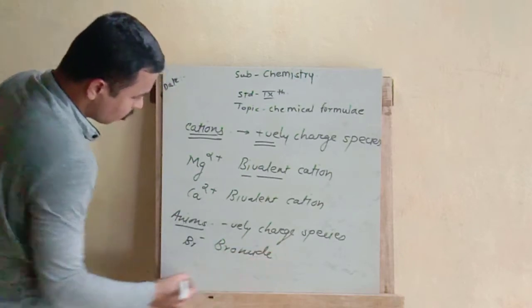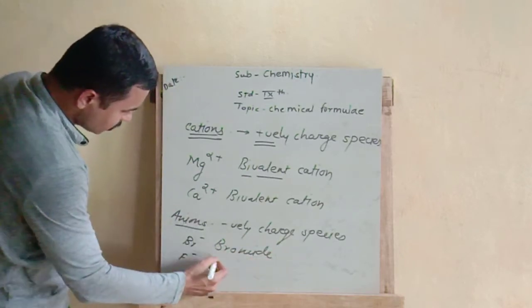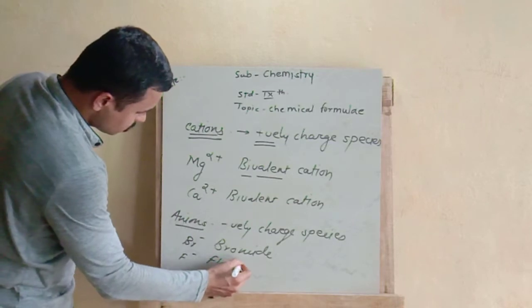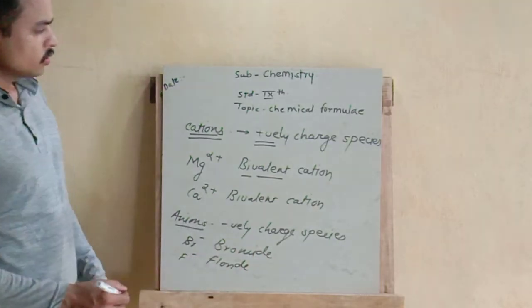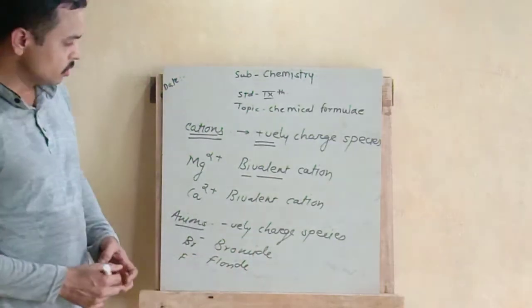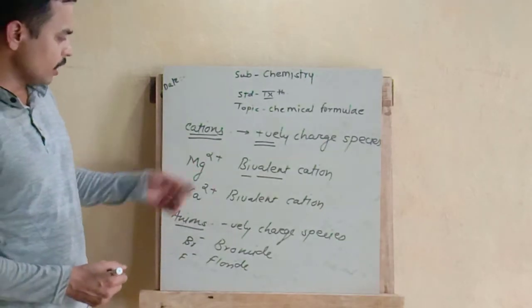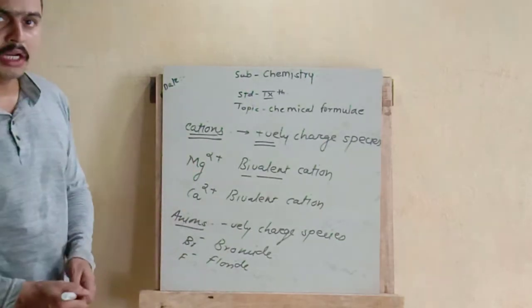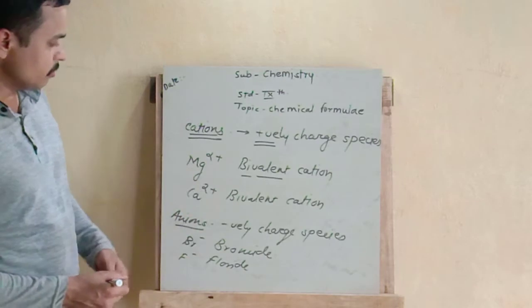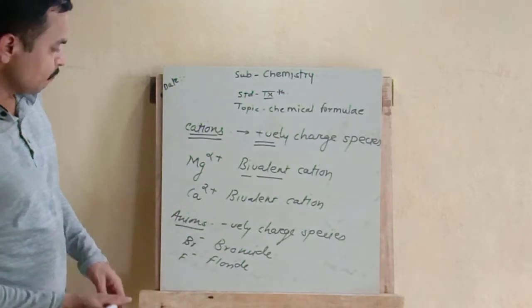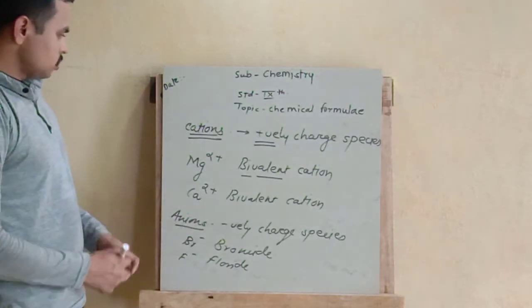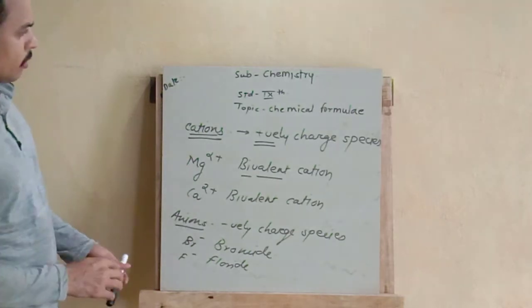Then F minus, fluoride. So in your NCERT book, they have given you the list of cation and anion. Depending on the charge, they also separated them. So now let's begin with this topic of chemical formulae.